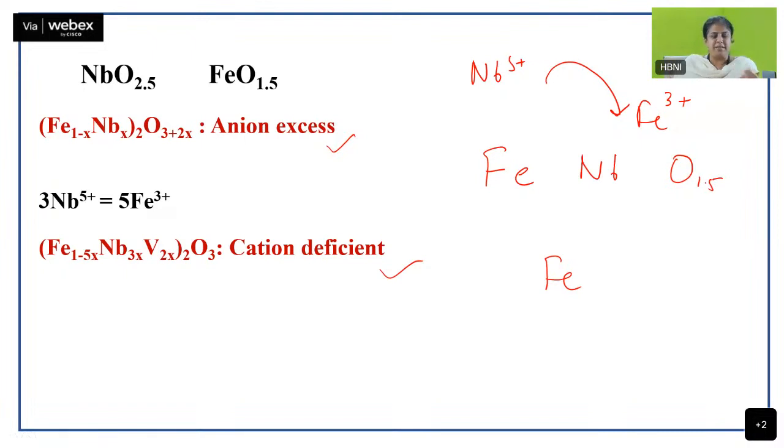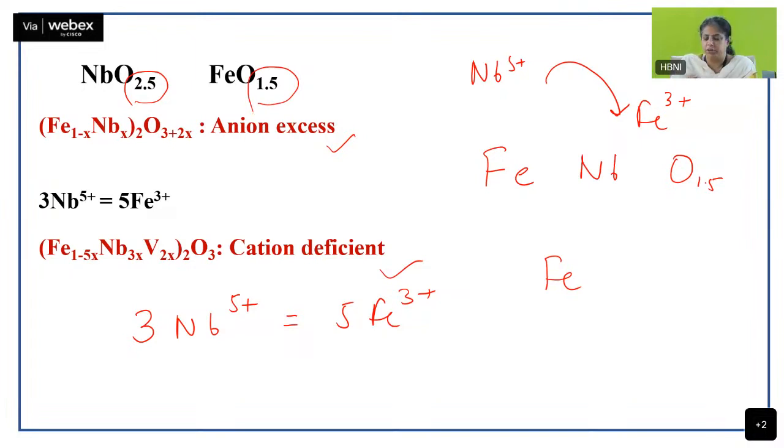Now I have to balance the charge. If 3 niobium goes in, then 5 iron 3 plus have to come out. How? 5 3s are 15, 3 5s are 15. Charge balance. I also have to understand each niobium is associated with 2.5 oxygen and each iron is associated with 1.5 oxygen.